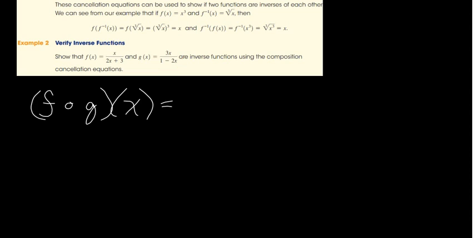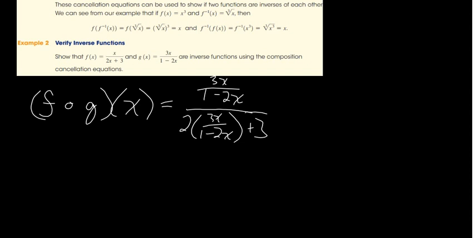Oh my goodness, this is going to be ridiculous really fast. We've got 3x, that's actually the smallest 3 I think I've ever written in this course with this pen and tablet. So it's that all over 2 times 3x over 1 minus 2x plus 3. This is awful.